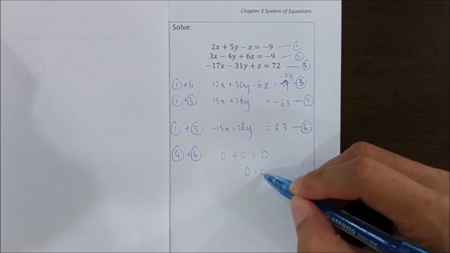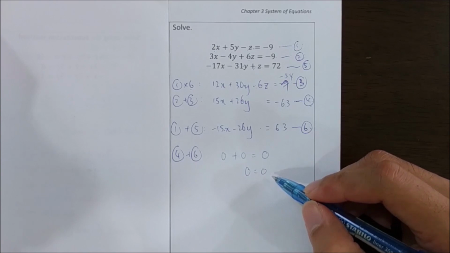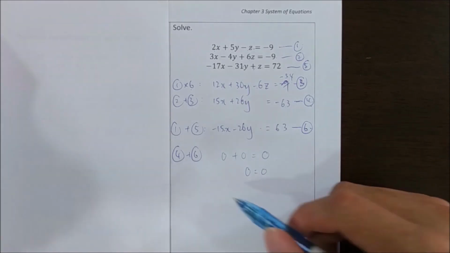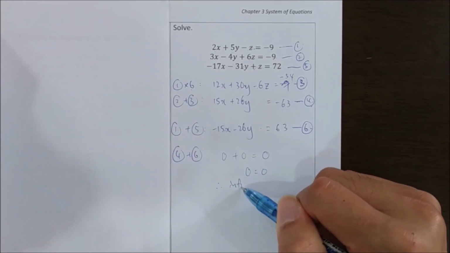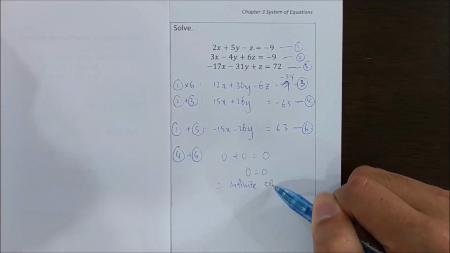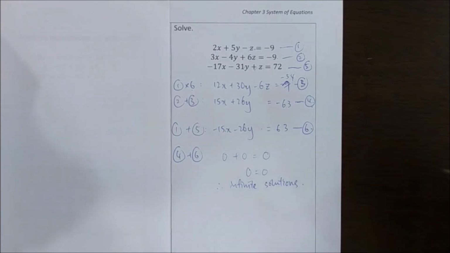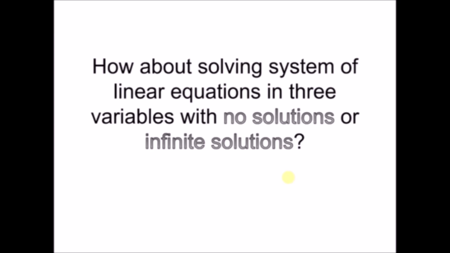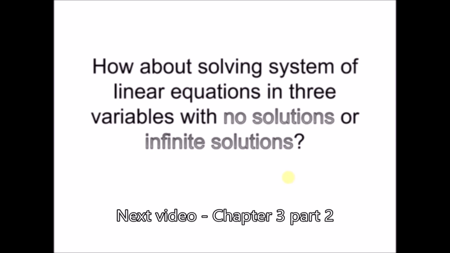So when you add them, you get 0 equals 0. So this implies that there are infinite solutions. So these two examples show us that when solving a system of linear equations, you might face no solutions or infinite solutions. So this is the first part of the video.